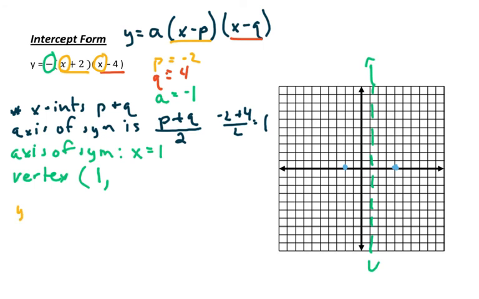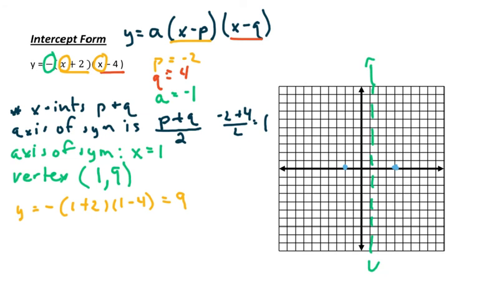So y would equal negative times 1 plus 2 times 1 minus 4. And when I calculate that out, I find out that y is going to equal 9. So that tells me the y value of my vertex. It's 9. So now I know my vertex is at (1, 9).